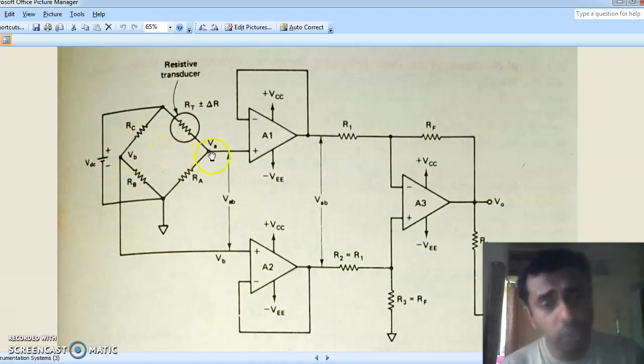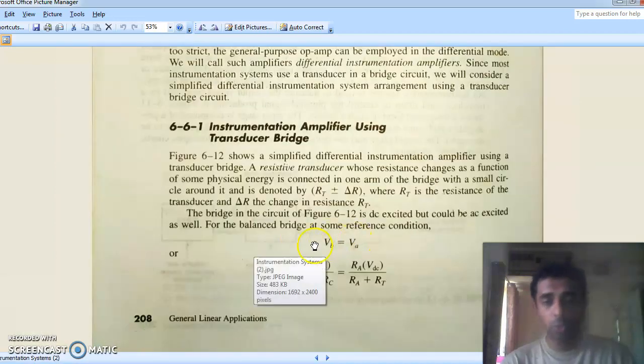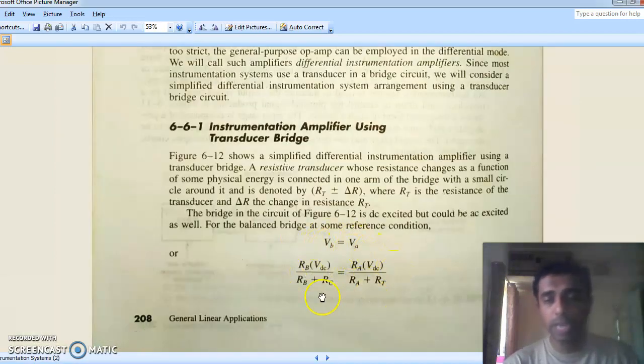Likewise, VA is RA divided by RA plus RT, since under balance condition there is no delta R, multiplied by VDC. And that is what is shown here. So VB equal to VA, this is the condition which I have explained. That is, RB into VDC by RB plus RC equal to RA into VDC by RA plus RT.